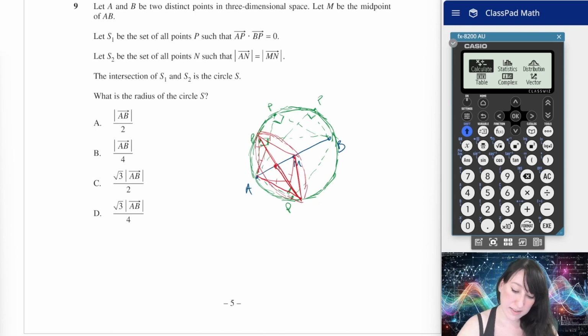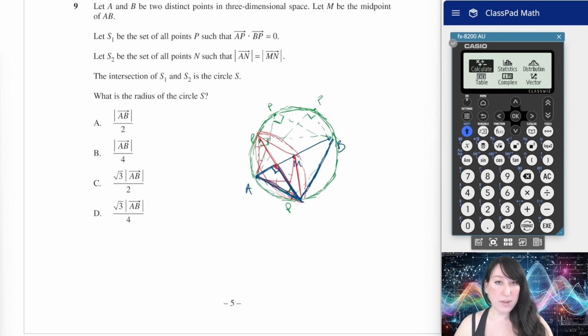The radius is this length here, and we need to work out its length. We can see that a right triangle can be formed. And let's also remember those points on the sphere were generated at right angles between AP and AB. So I can sketch what we have.